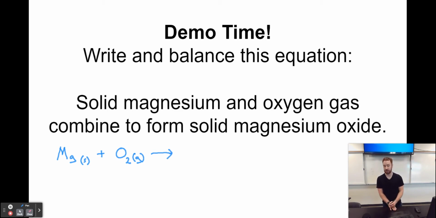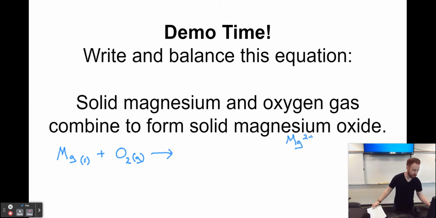That's an ionic compound. So we've got to think about what that ionic compound would be. Dig out your periodic table. The magnesium is going to be the cation. It's in the second column, so it's got a +2 charge. Oxide is oxygen, which is in the third to last column, so it has a -2 charge.